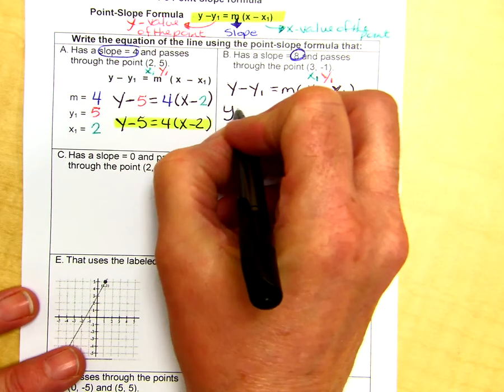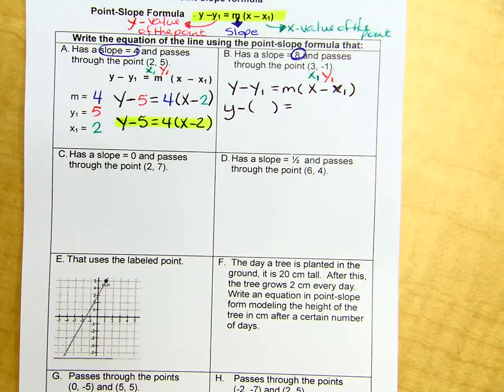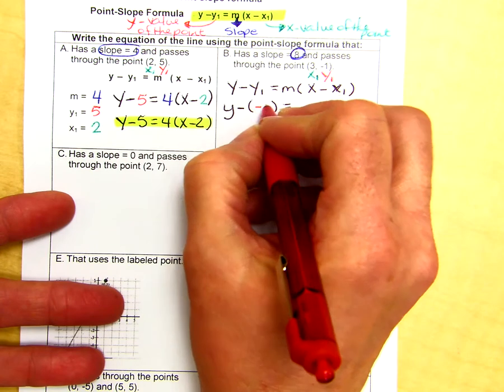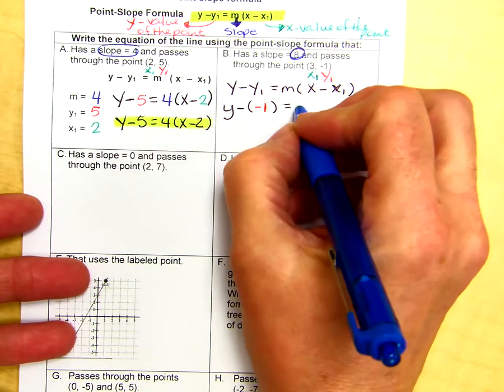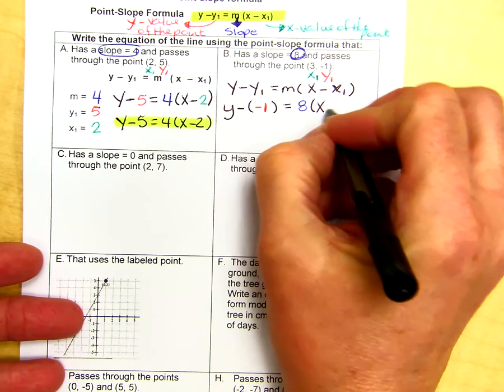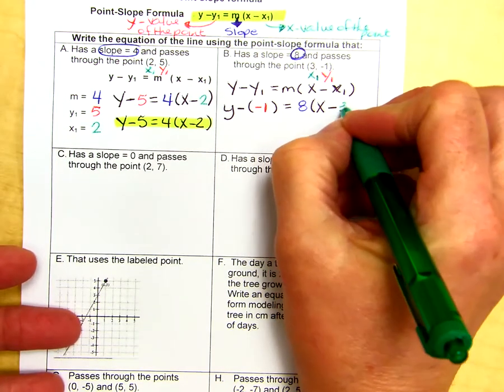So now we will substitute y minus y sub 1 equals m. Well, let's go back and put the y sub 1 in. The y sub 1 in this example is a negative number, so I went ahead and put that in parentheses. Our slope is positive 8. And then we will have x minus, and x sub 1 in this case is 3.